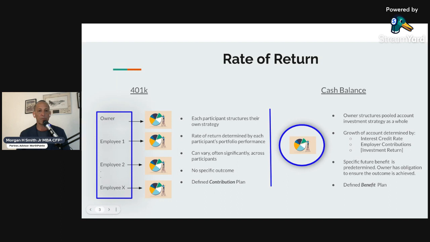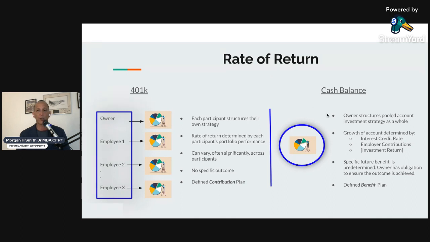So you're basically defining what you can contribute, and the outcome of each particular account is going to be based on the amount of money invested and the investment strategy and how those investments have performed over time. Cash balance plans, very much different.